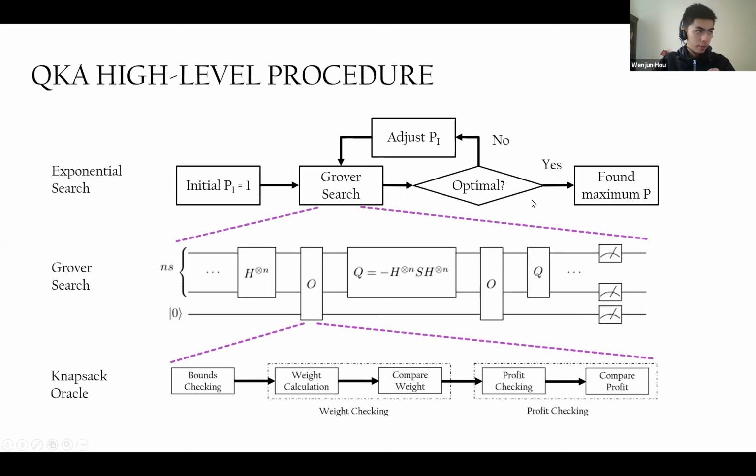That question is literally the knapsack problem, and therefore we can solve the knapsack problem this way. If there are questions, you can ask me at the end, and I'll come back here and answer.